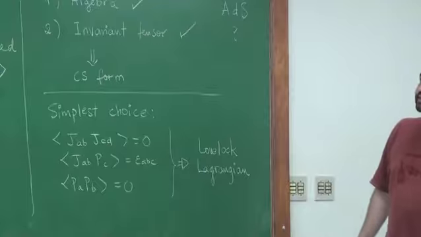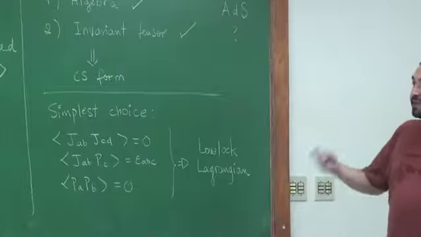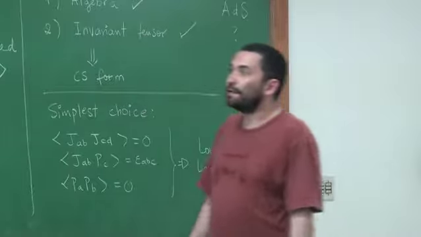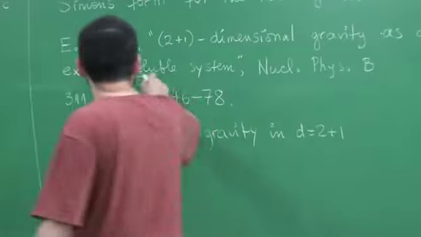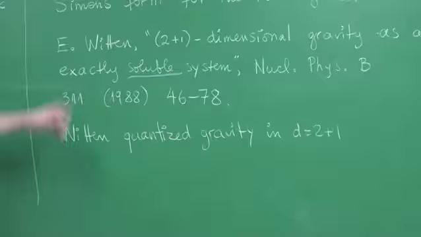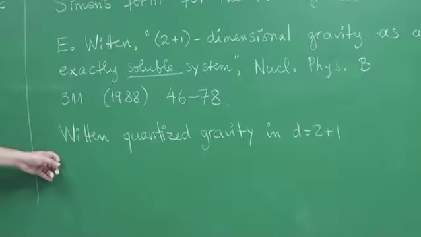And that defines a gauge theory for gravity in 3 dimensions, and this theory can be quantized, and actually it can be solved. That means that we can compute the partition function for this theory.